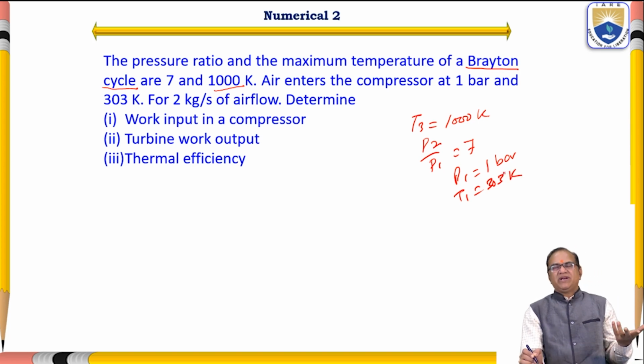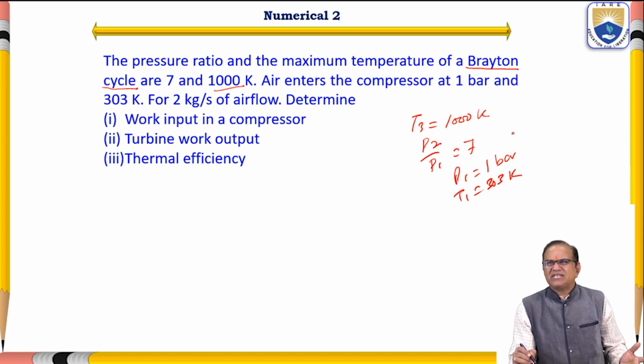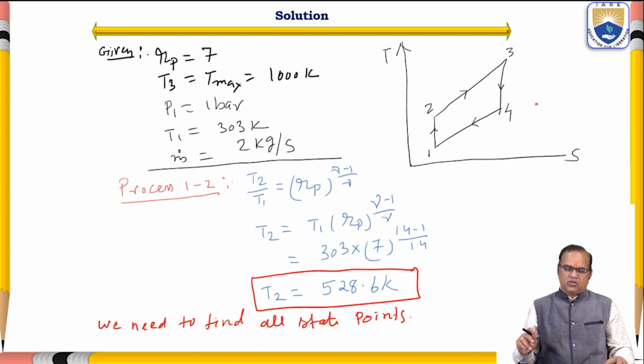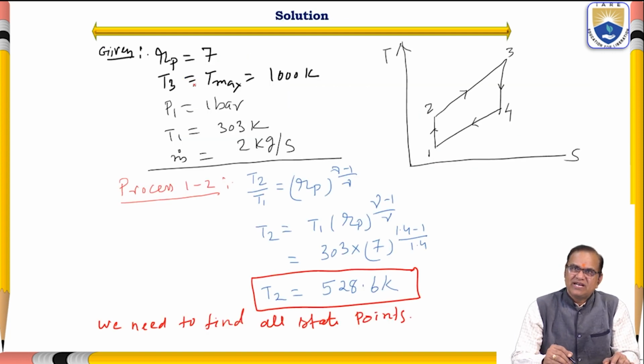These parameters are given, and by these parameters we can find out all the things very well. So here Rp is equal to 7, T3 is equal to Tmax, which is 1000 Kelvin, P1 is 1 bar, and T1 is equal to 303 Kelvin. The mass flow rate is given.